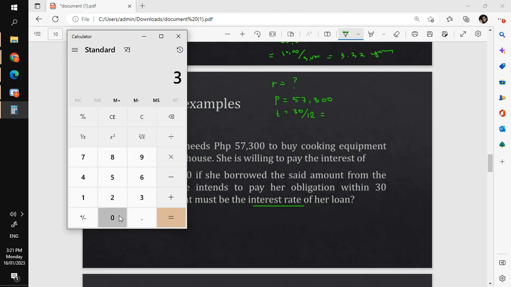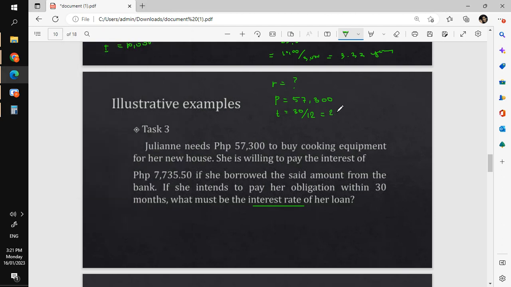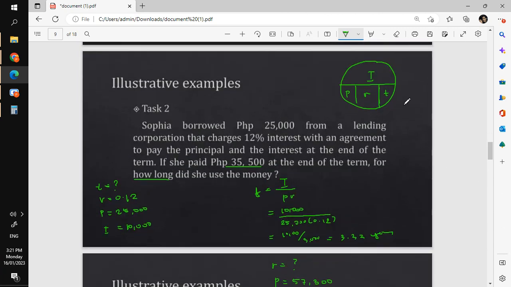Now 30 divided by 12 gives us 2.5, and we have the interest, which is 7,735.50.